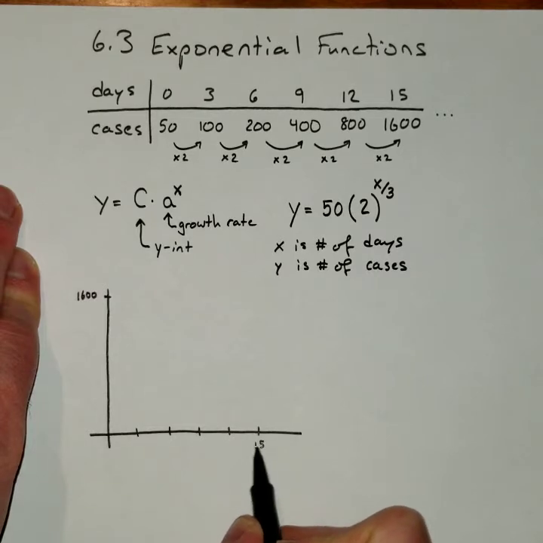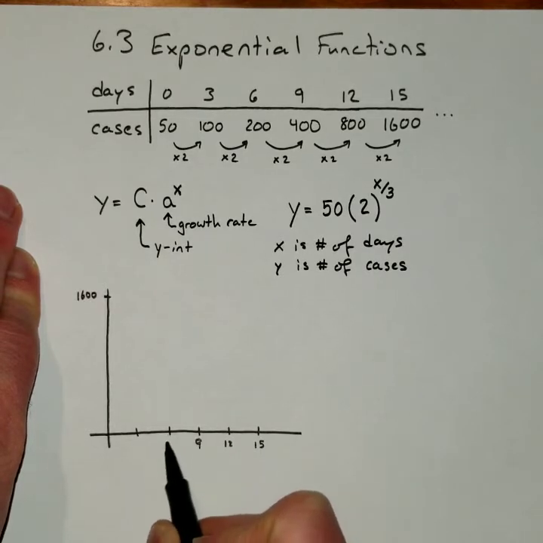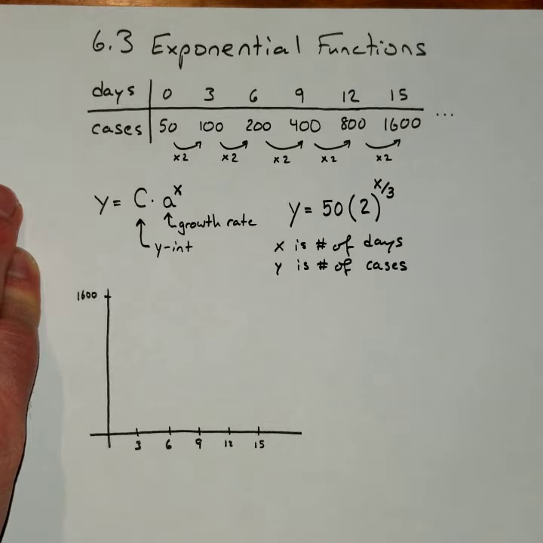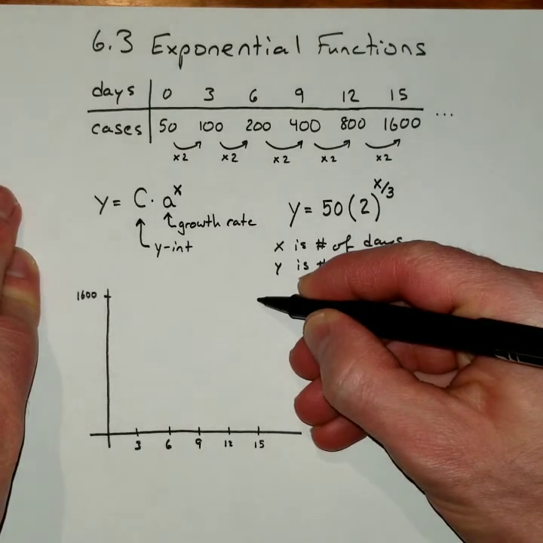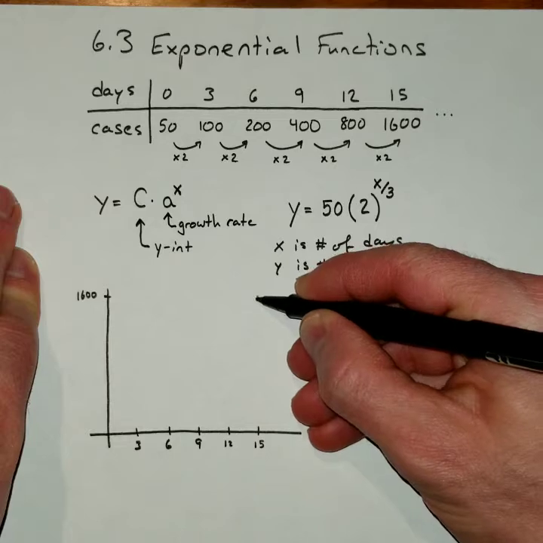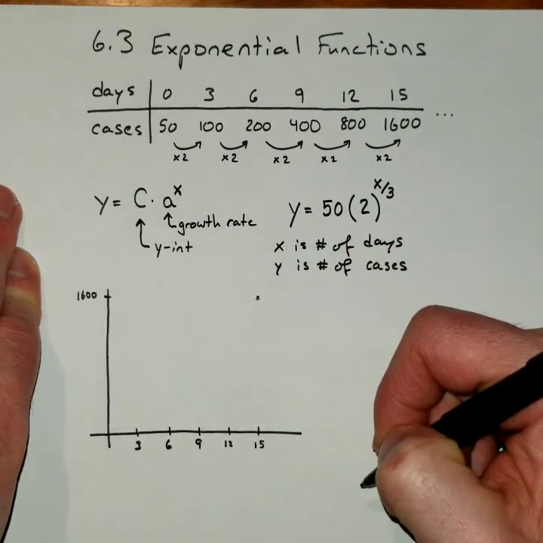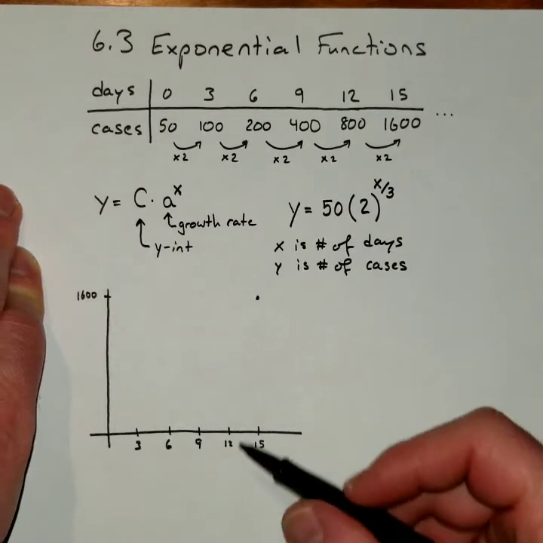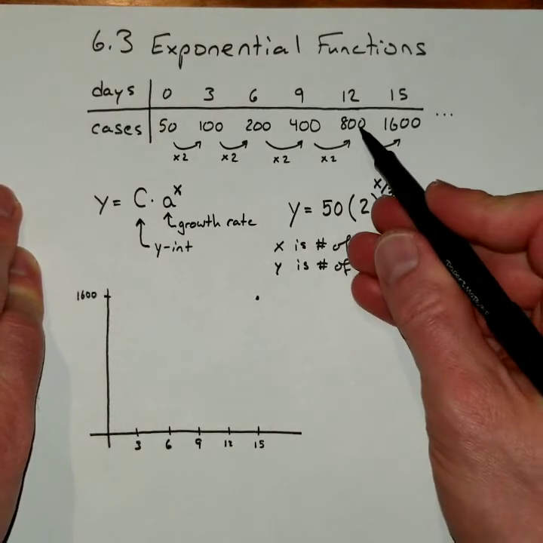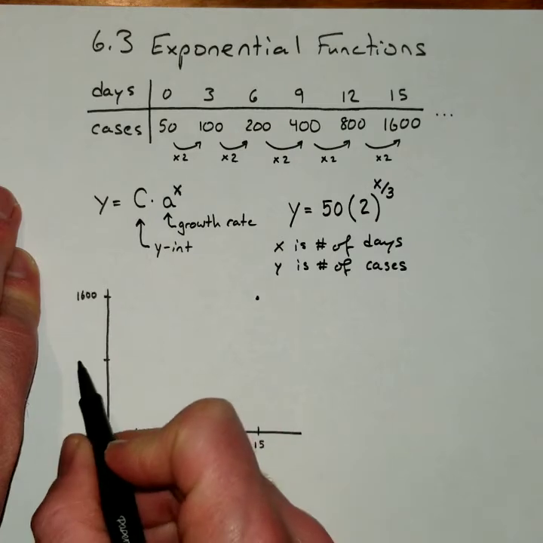There's 15 right there. So at 15, we go up and place our point. That's about 1600 cases. Now at 12 days you have half of that, which was 800.